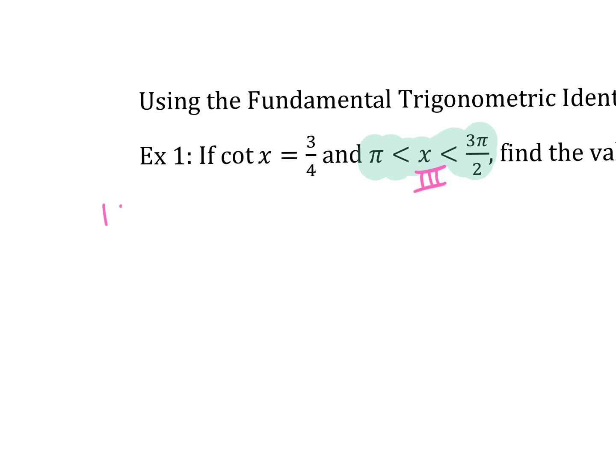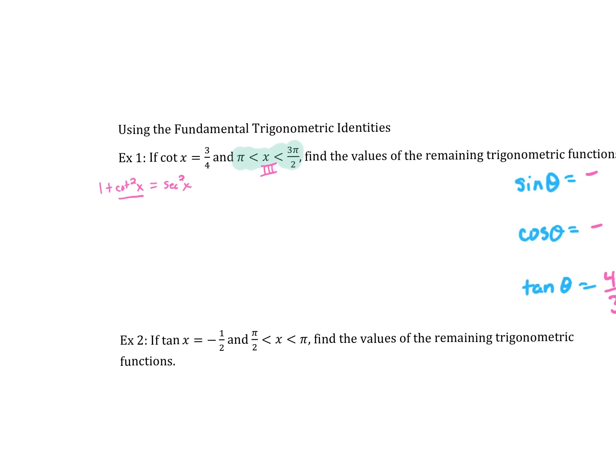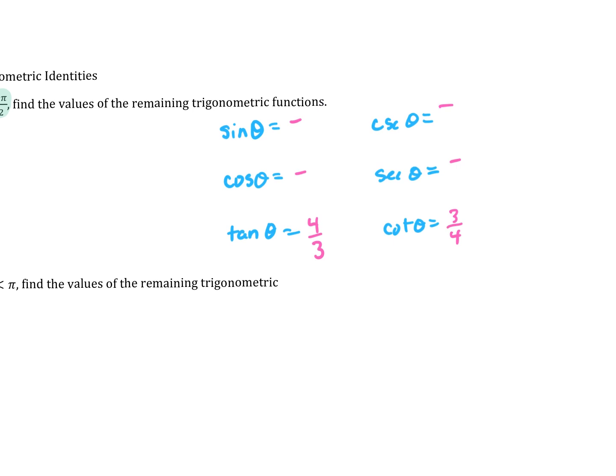1 plus cotangent squared x equals cosecant squared. Okay, so we're going to plug in what we are given. We're given what cotangent is equal to, so we're going to plug into that spot. And we're going to be able to figure out what cosecant is. And then from there, that means we can get our sine, right?